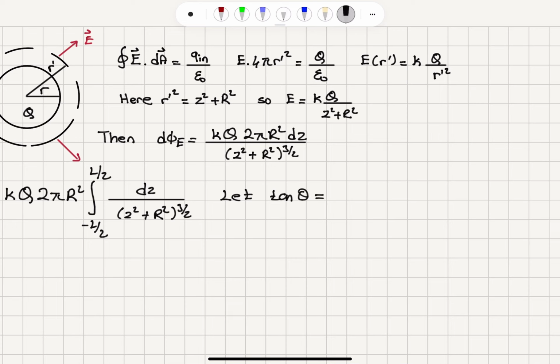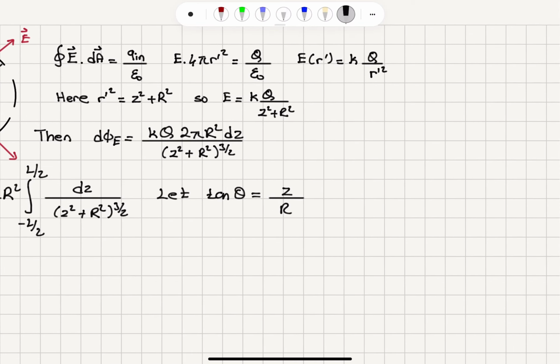Then I have tangent theta equal to z divided by capital R, and capital R secant square theta d theta equal to dz. If I differentiate both sides, in other words, I'm substituting z equal to capital R tangent theta.